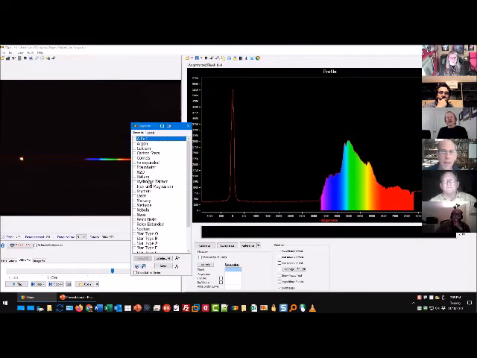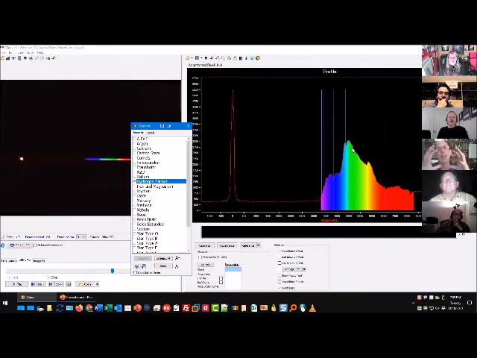So I can come down here and say, show me on the graph where the Balmer series would be, where there would be dips if this star had hydrogen that was subtracting light as the light left the star because of those electron transitions. And wow, we've got matches there, there, there. That's fairly conclusive proof that we have detected hydrogen on this star. Pretty amazing with a backyard telescope.